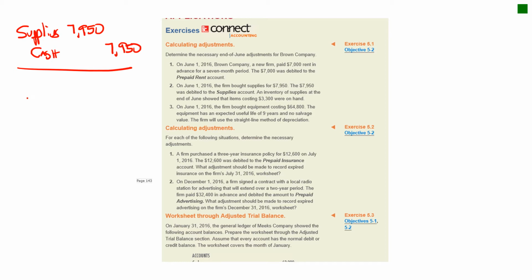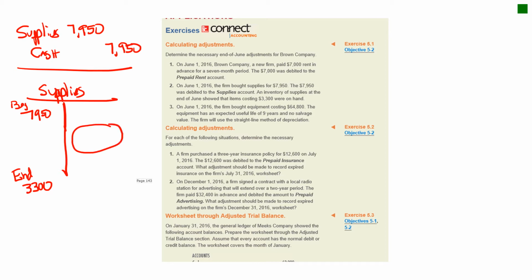left. If I give you the T account idea, this is from your ledger. Let's say supplies said $7,950, that was the beginning balance, or that's what they would have bought. They're saying at the end of the month that the ledger should show a count of $3,300. So the difference is what you used.